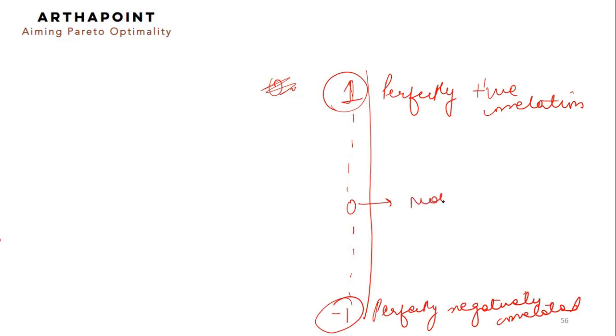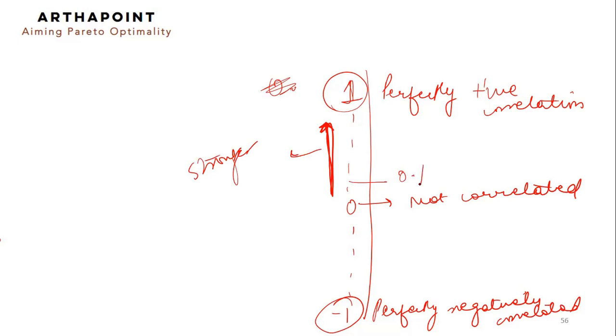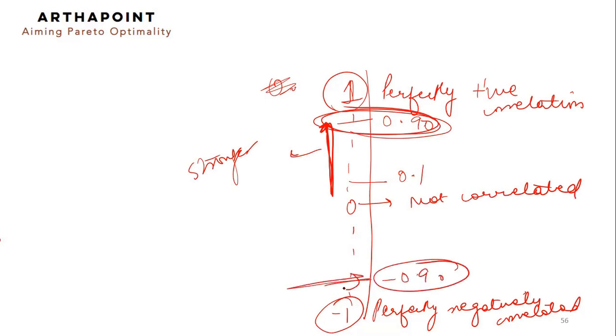Zero is not correlated. As you keep moving towards 1, the correlation is stronger. If you give me that the correlation is 0.1 between two variables and the correlation is 0.90 between two variables, these two variables are much more strongly associated with each other. Similarly here, they are much more strongly negatively associated with each other as compared to this. So as you go towards this, there is a stronger negative correlation.